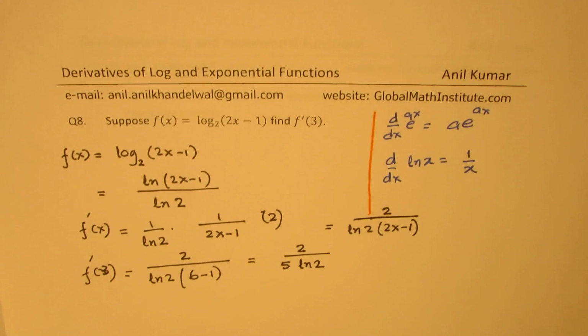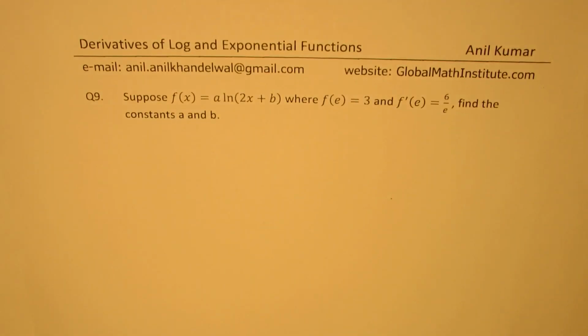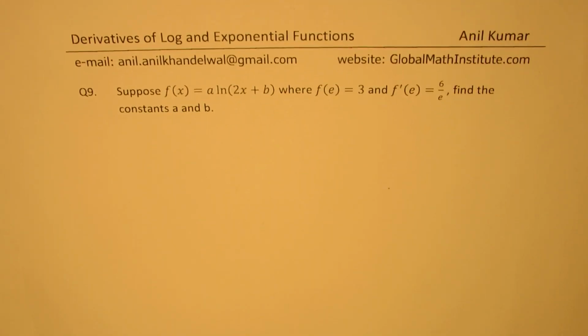Let's move on and take the last question of this test paper. The last question here is: suppose f(x) = a ln(2x) + b, where f(e) is 3 and the derivative of the function at e is 6 over e. Find the constants a and b.